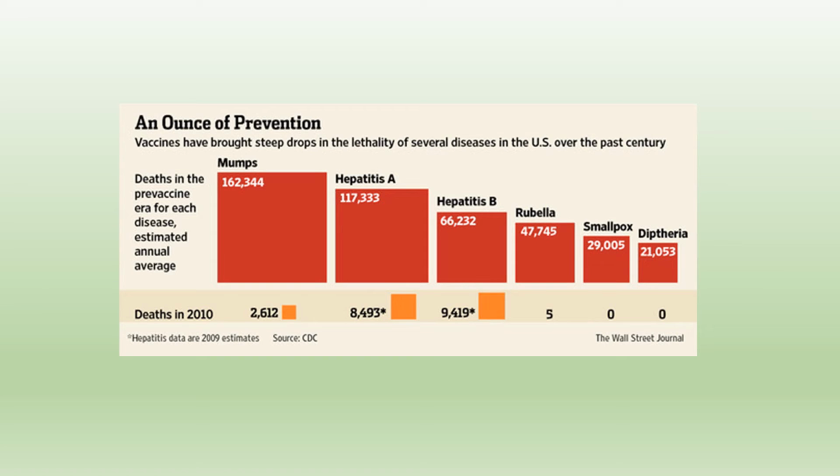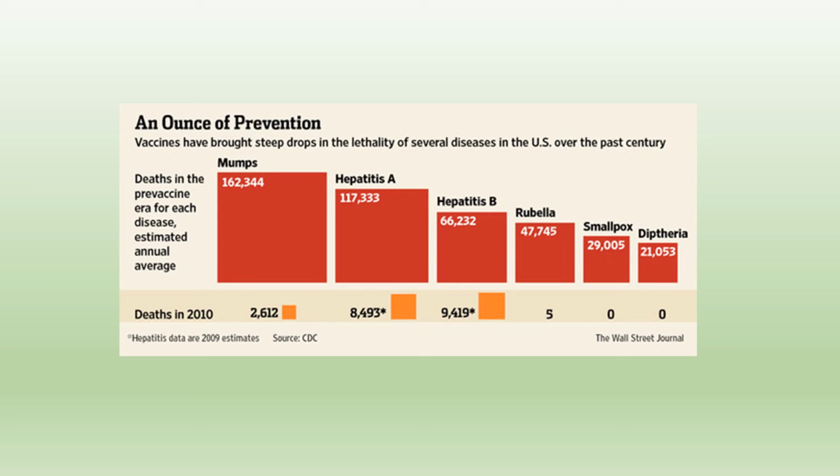This is some data from 2010 looking at changes in the lethality or the deadliness of several diseases in the US. The boxes at the top are before there was a vaccine available. The boxes at the bottom are after there's a vaccine available.